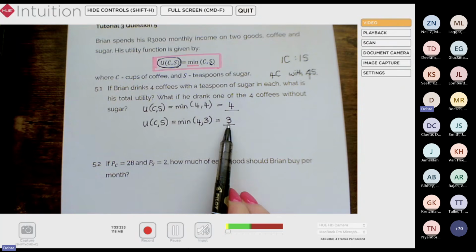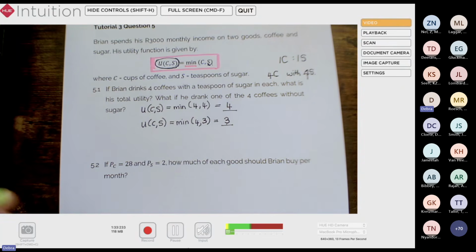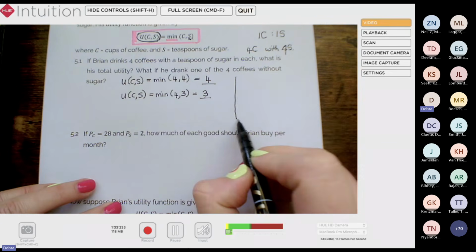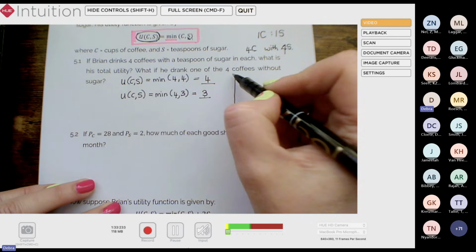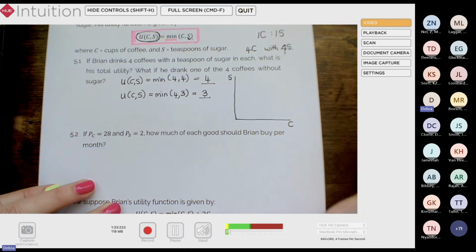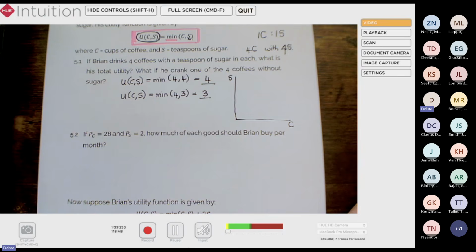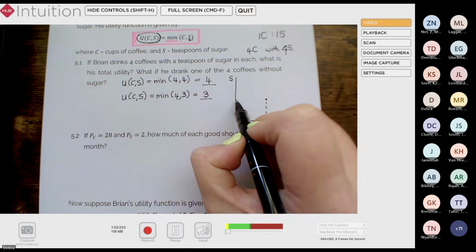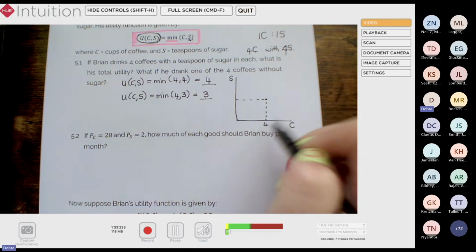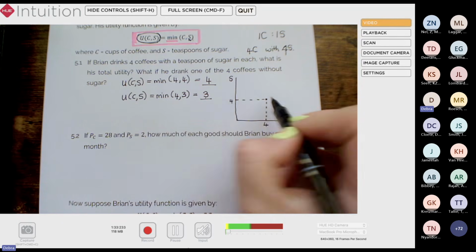So how does this represent perfect complements? I'm going to quickly sketch how the indifference curves for perfect complements look. Let's say this is cups of coffee on the x-axis, and this is teaspoons of sugar on the y-axis. If he drinks 4 cups of coffee with a teaspoon in each, that's going to be represented by a point there.